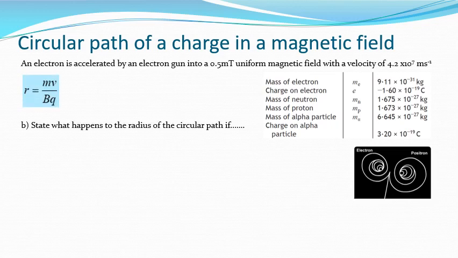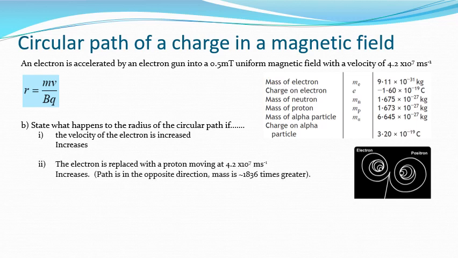So we might be asked a question, what would happen to the radius if we increase the velocity? And this could be a state where you'd say, well, V is going to go up, so R is going to go up. So increase would be enough, or it could be a state and explain or justify where you'd have to describe that it increases, but it increases because the velocity increases.